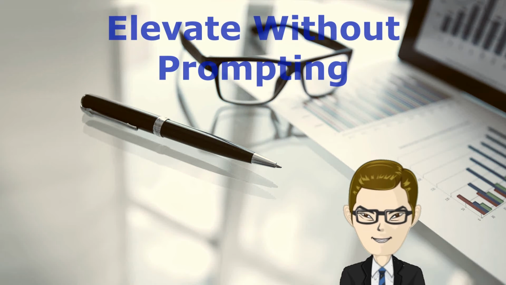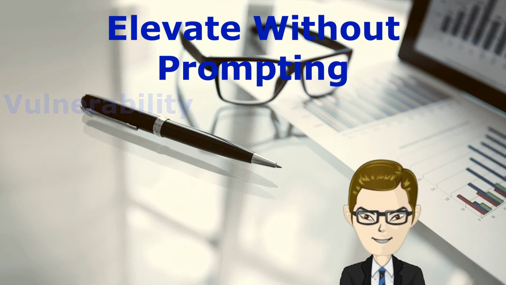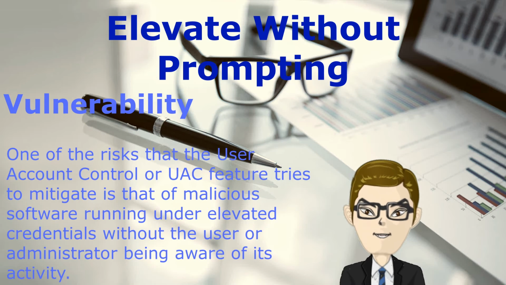Number 12, selecting the option to elevate without prompting. Vulnerability. One of the risks that the user account control, or UAC, feature tries to mitigate is that of malicious software running under elevated credentials without the user or administrator being aware of its activity. Selecting the option to elevate without prompting minimizes the protection that is provided by UAC.